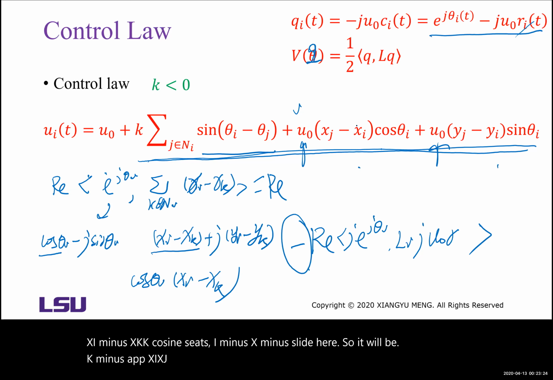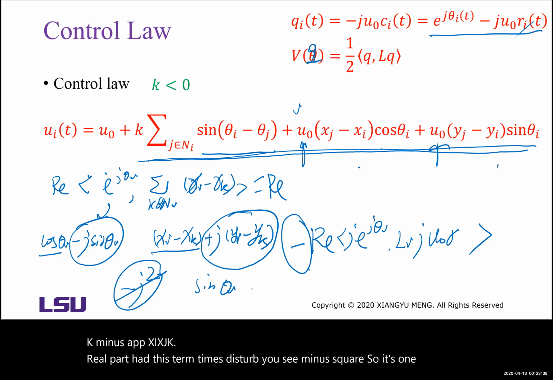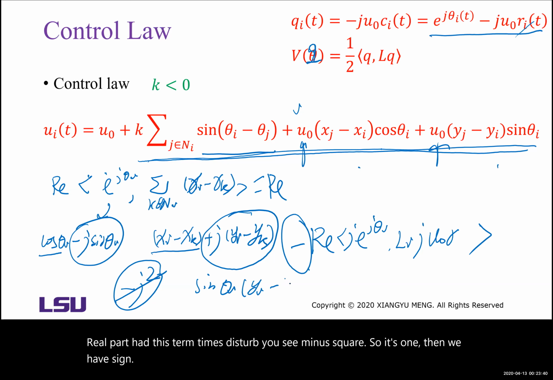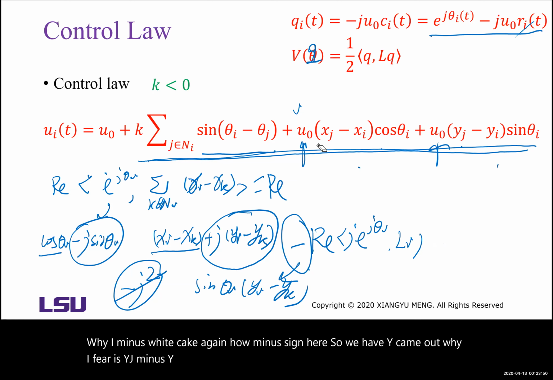Then we have minus J squared, so it's 1. Then we have sine theta I times yi minus yk. Again we have a minus sign here, so yk minus yi, here yj minus yi, times sine theta I.